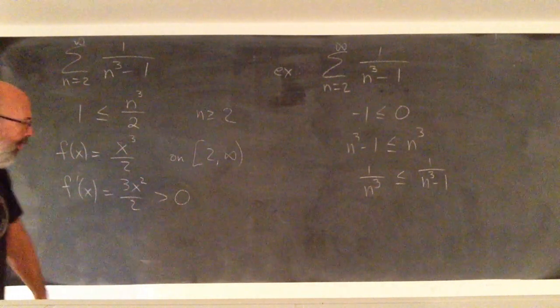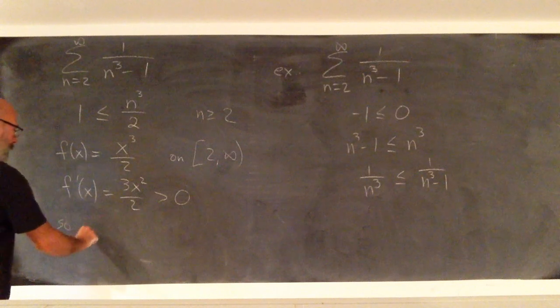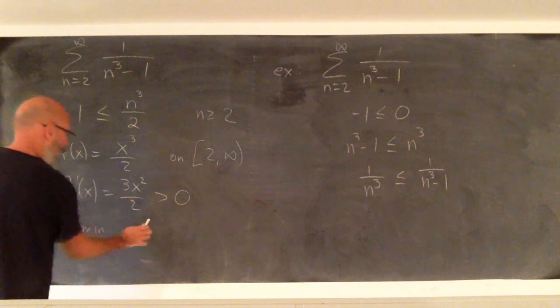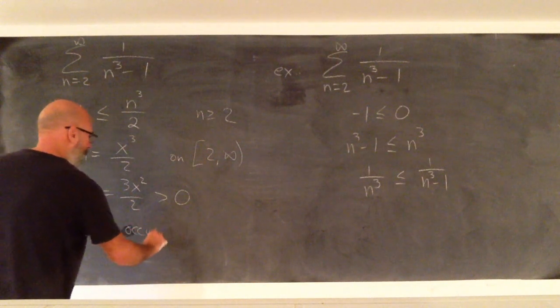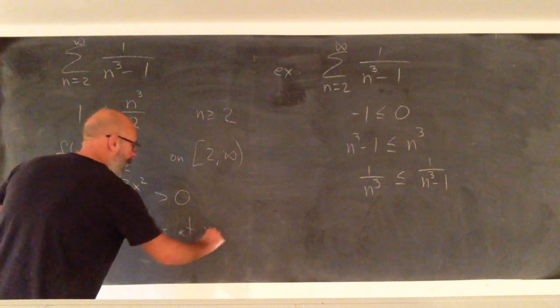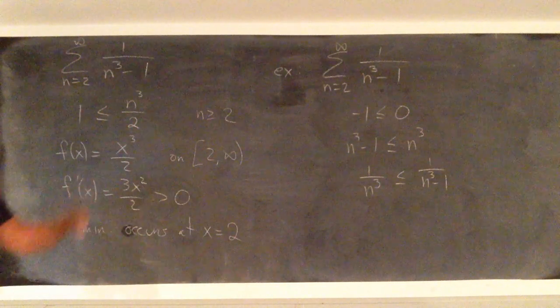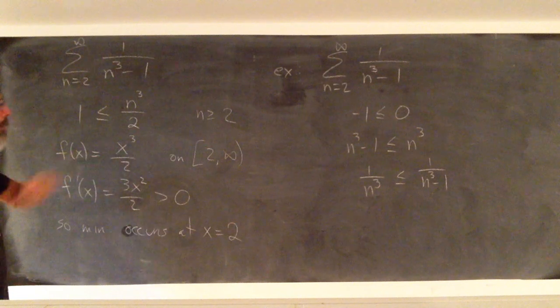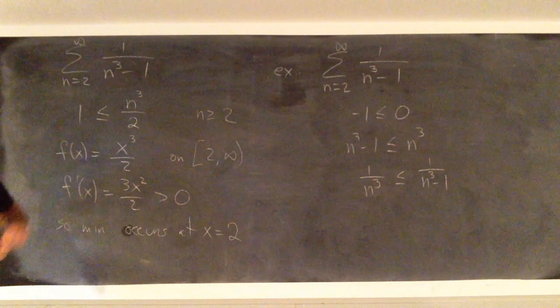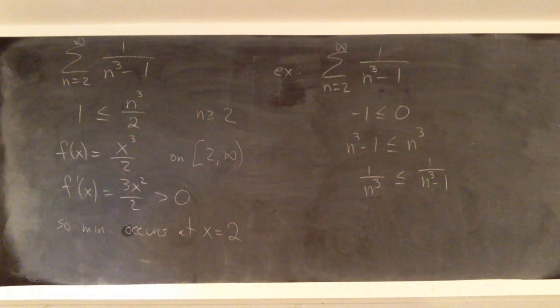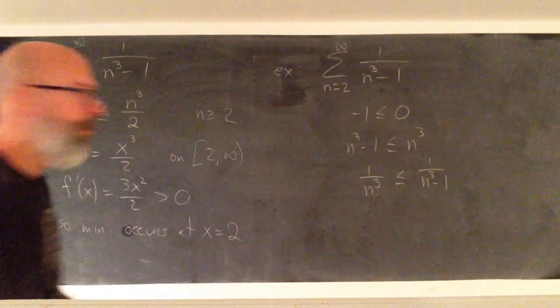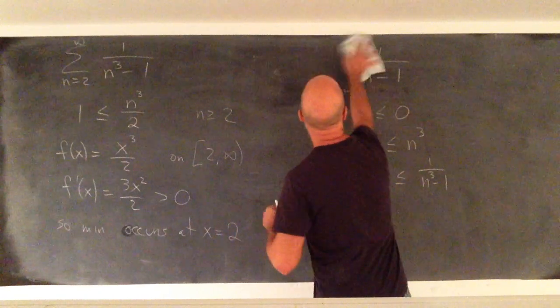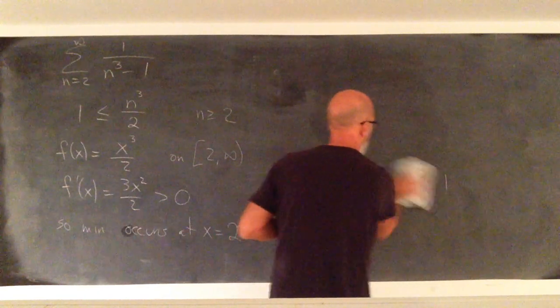So the minimum occurs at x equals 2, and what is the minimum? The minimum is 4. So certainly bigger than or equal to 1. So we have n cubed over 2 is bigger than or equal to 1.